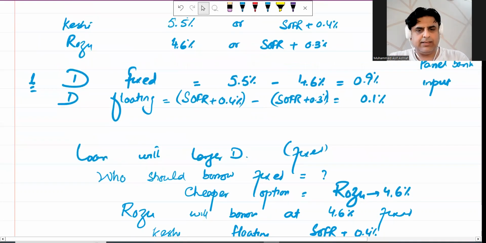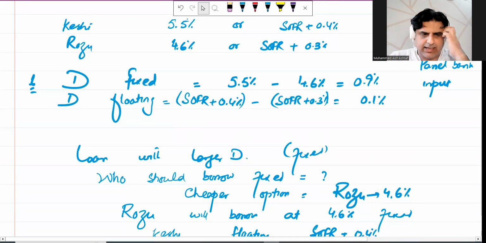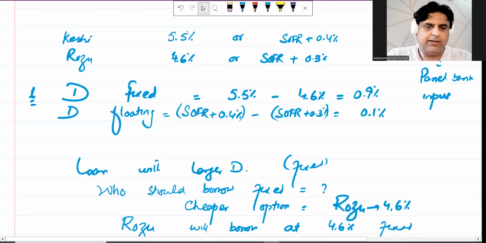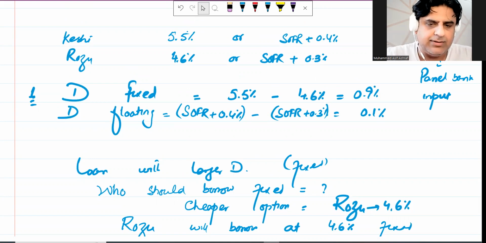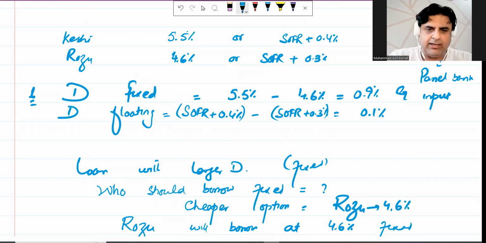Now, a differential of 0.9% was there for the fixed rate loan, and we have decided that it is cheaper for Rosu to have the fixed rate loan. So we have a gain of 0.9%.